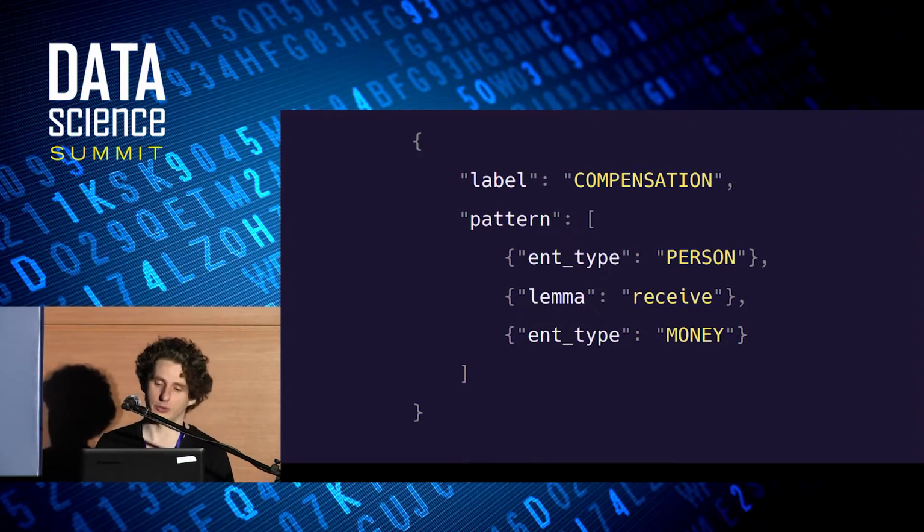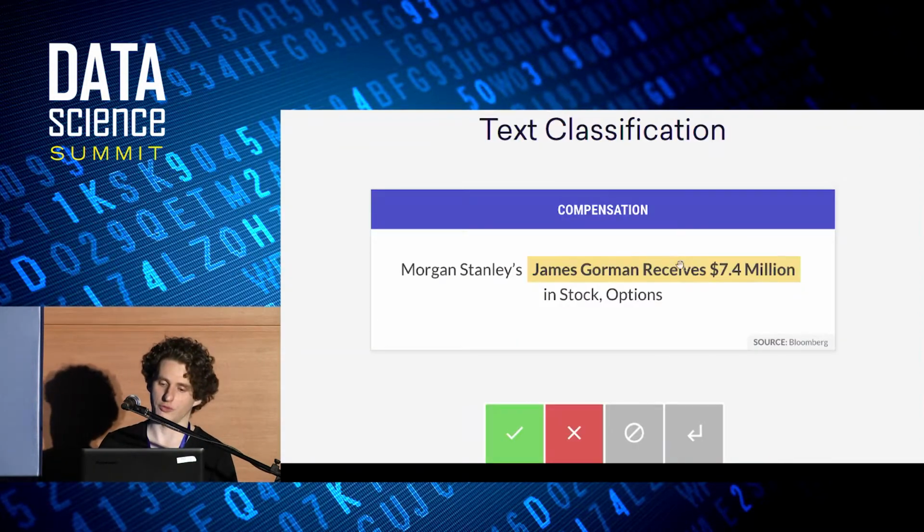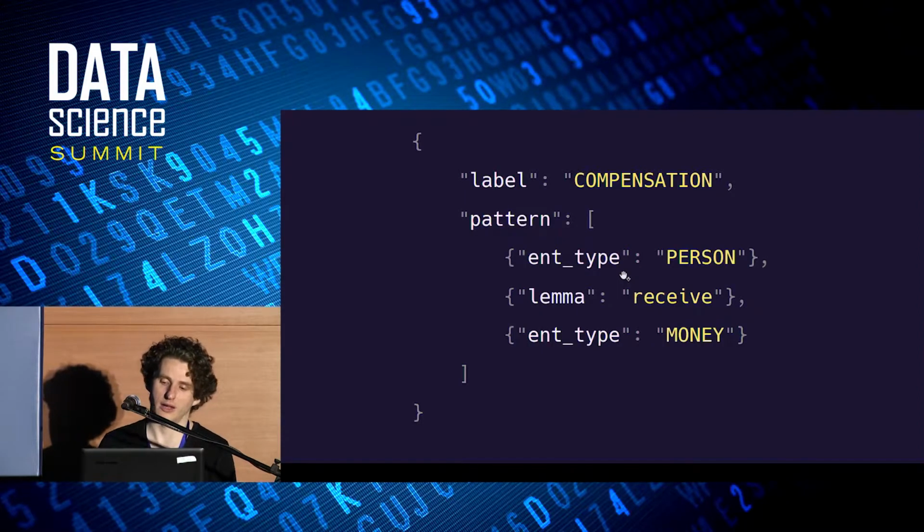So here we see a label that we might apply, and we might have something like a multi-expression pattern. So something like an entity type of person. If we've recognized the text and tokenized it, we might have James Gorman as one token as a person, and then some word with the lemma receive, and some other token with the entity type money.